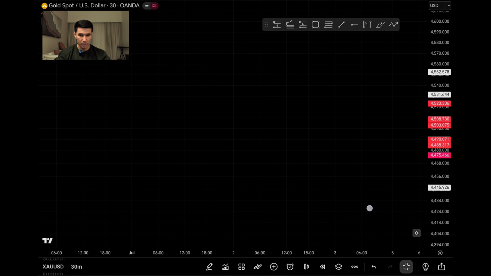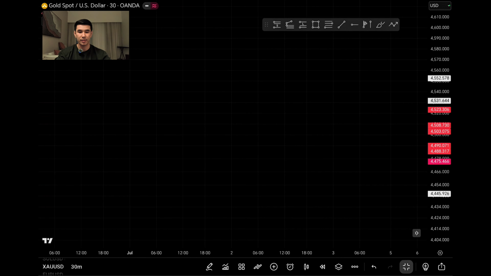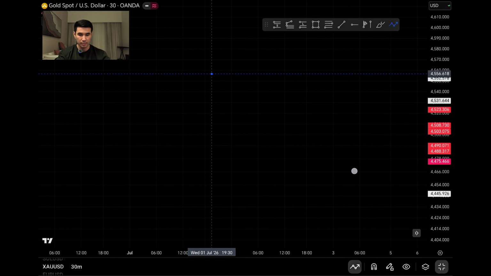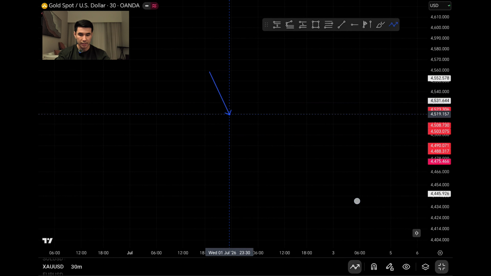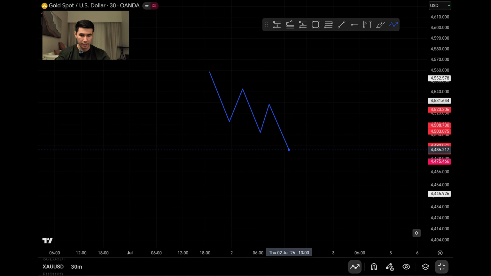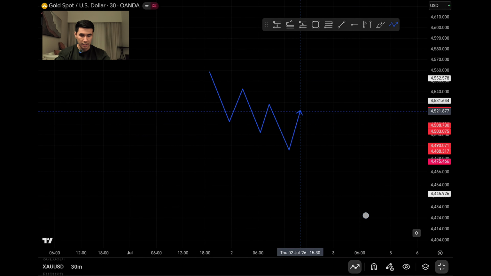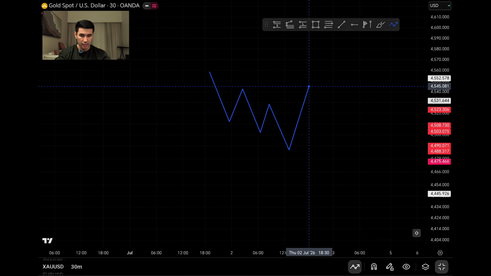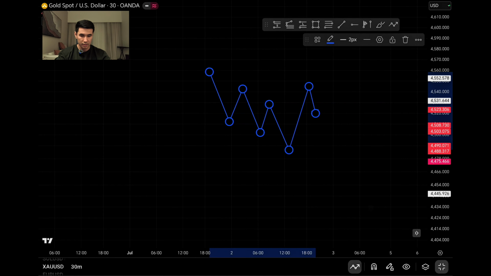So one more example for the break of trend line. We have, for example, a bearish trend line: lower high, lower low, lower high, lower low, and lower high, and the market breaks the trend line and starts returning.